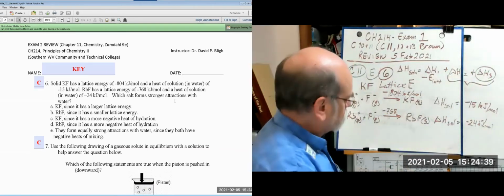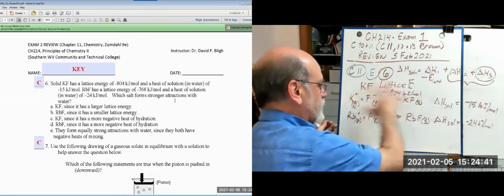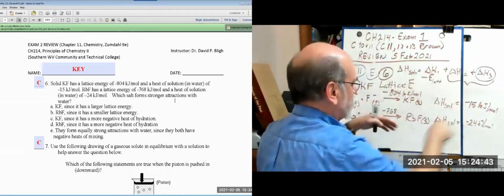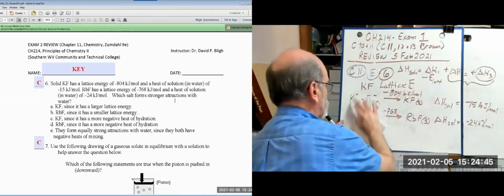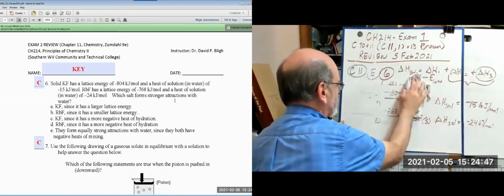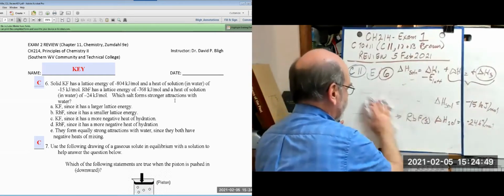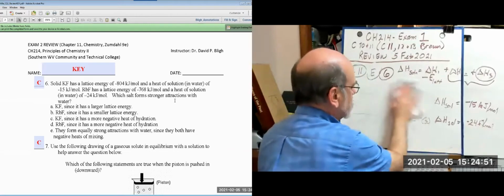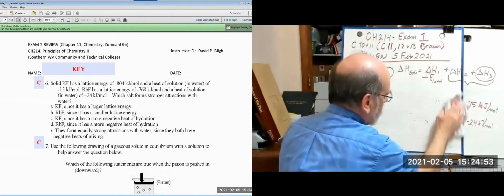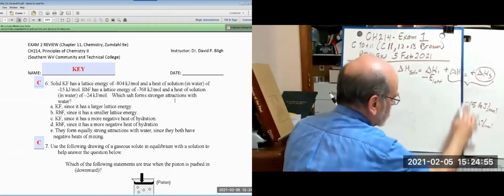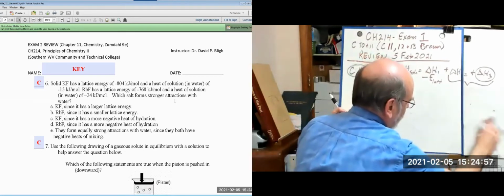Okay. So unfortunately now I'm going to have to erase some of this to fill in that. Fortunately, I've got my answer sheet here, so I don't have to remember the numbers.